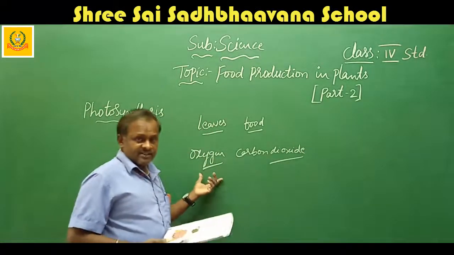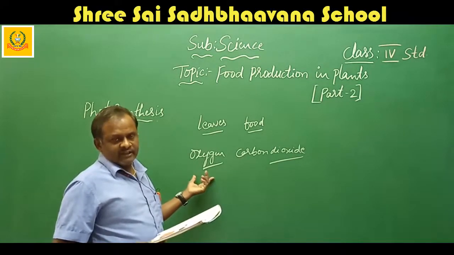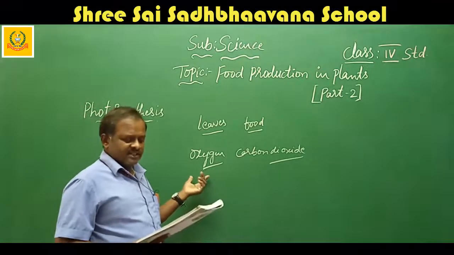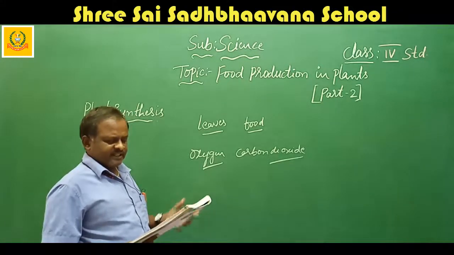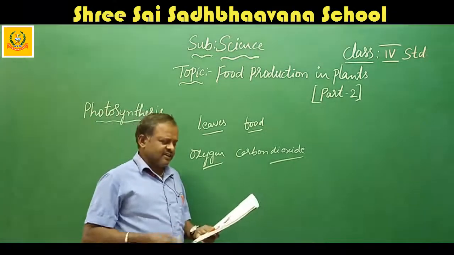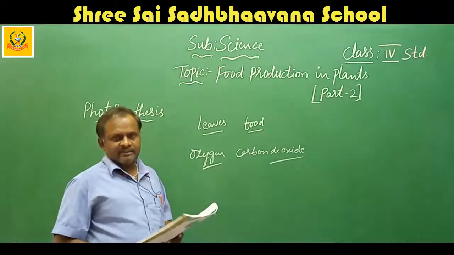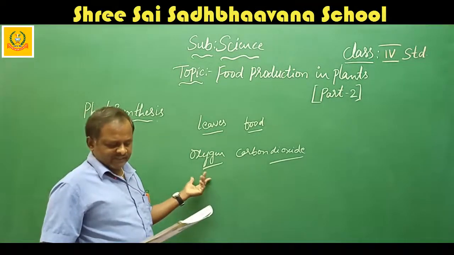The oxygen released by them is used by the animals and all the living things on the earth for the purpose of breathing. Oxygen is necessary for survival and growth of animals and human beings on the earth. All the animals and human beings use this oxygen for breathing.